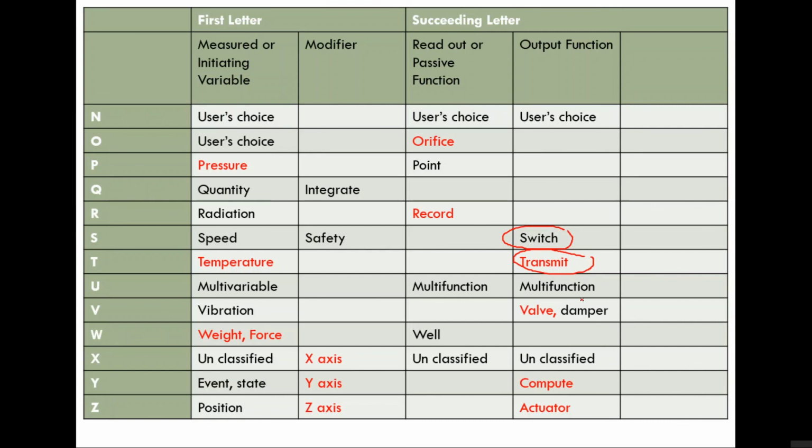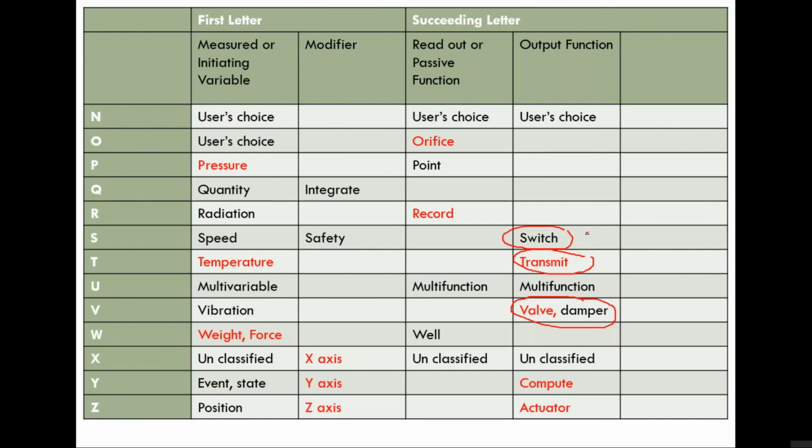Another very important one is valve or damper. Both are represented by V. V means valve or damper. That is an output function. We are actuating something. The actuator is represented by another letter, Z. After actuation, we need some damper or valve. For example, in a boiler you can see an air damper, not a valve, at that point.